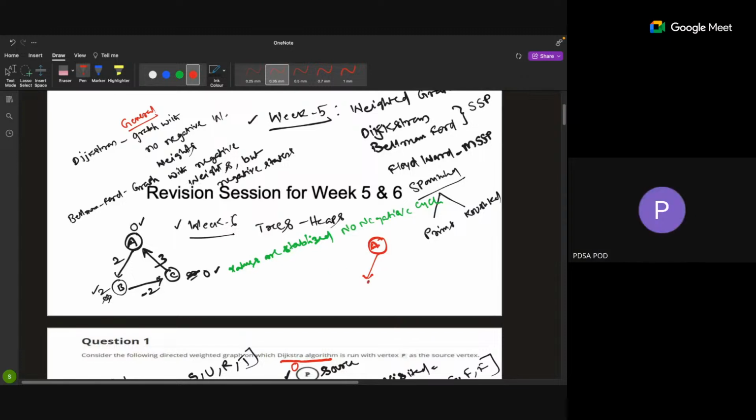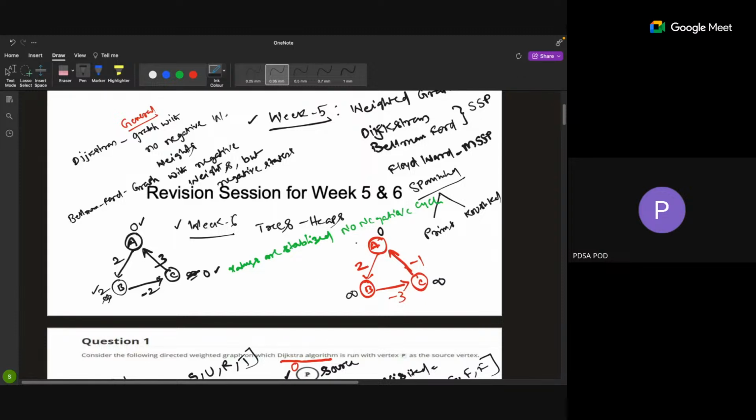For example, I'm taking another graph, the same graph, but here the weights are 2, -3, and -1. Here the source is 0, and the others are infinite.